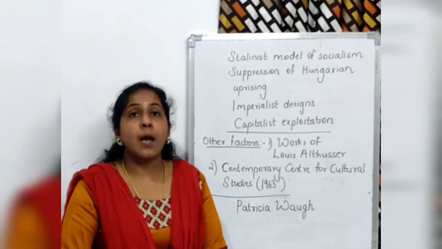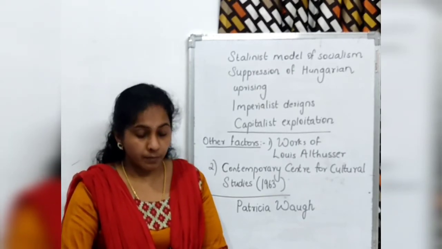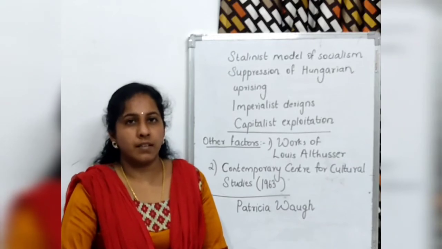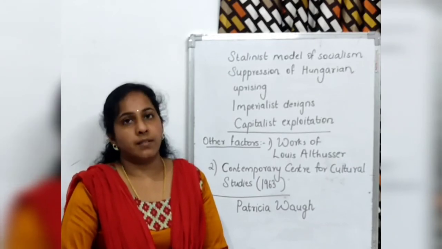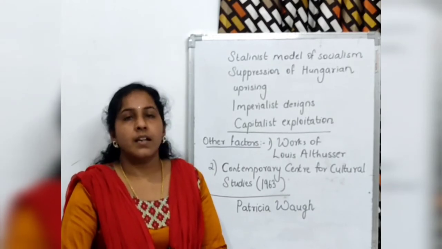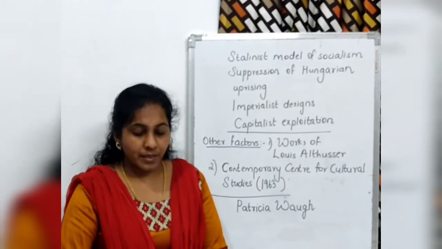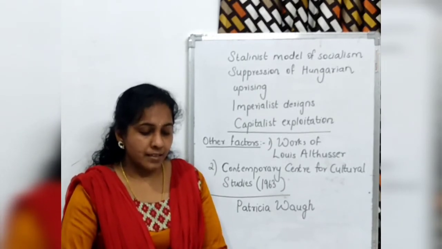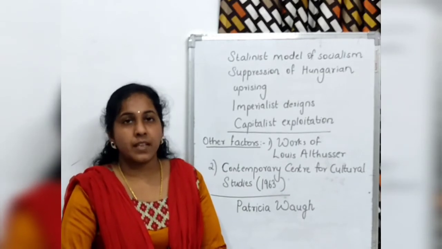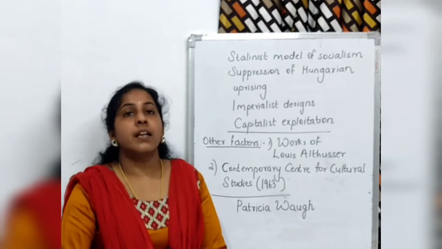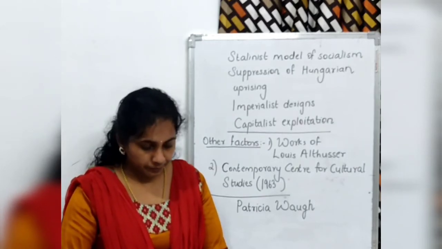But he ruled by terror. There was terrorism around. His brutal reign caused the death of millions of citizens. It was a cruel reign, and that was how he ruled. So that is the Stalinist model of socialism. There was development in industry and military power, but he ruled by terror.